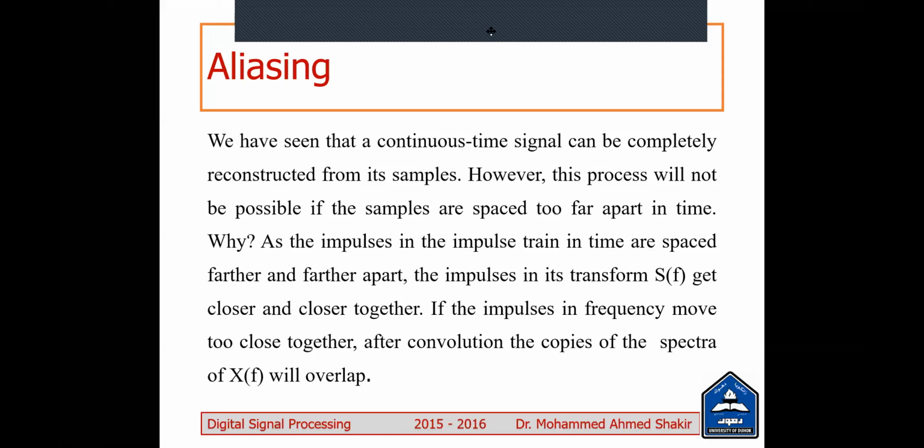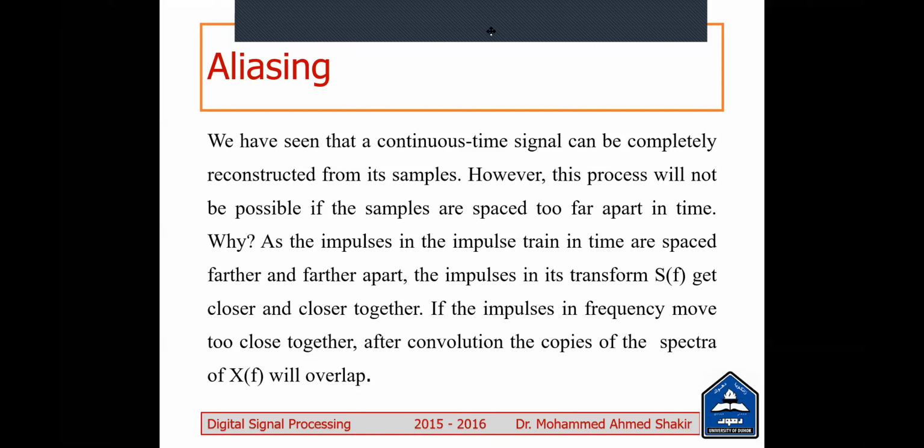Now in aliasing, we have a set of samples, and these samples belong to M signals. Of course, M may be 100. So these samples belong to signal number 1, signal number 2, signal number 3, signal number 4. To which signal really?